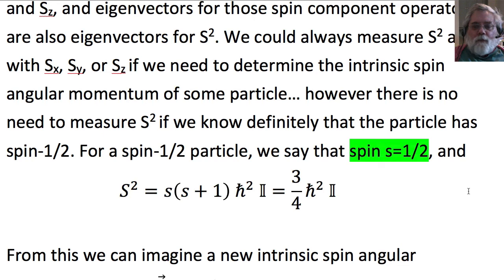So if we didn't know the spin of a particle, we could measure S squared and the measurement would give us some quantized result, and from that we could find the spin value S. But for this lecture, we know it's spin 1/2.